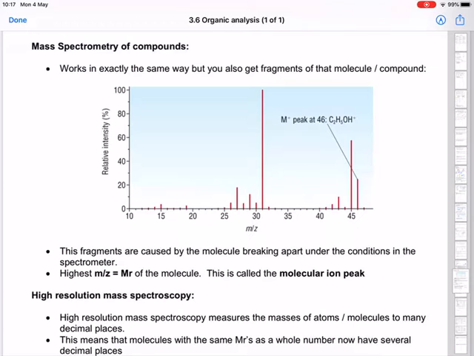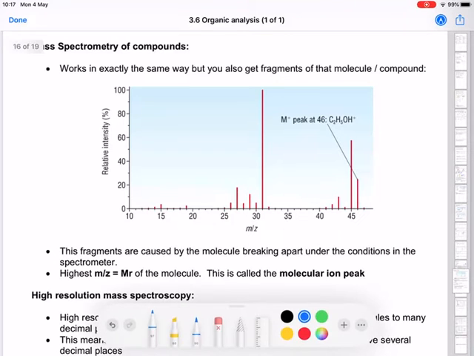Remember, the key thing that we get from mass spectroscopy is this M/Z peak there, which is equal to the Mr, which allows us, when we're doing our carbon, hydrogen, and maybe oxygen empirical and molecular formulas, to convert from an empirical formula to a molecular formula.